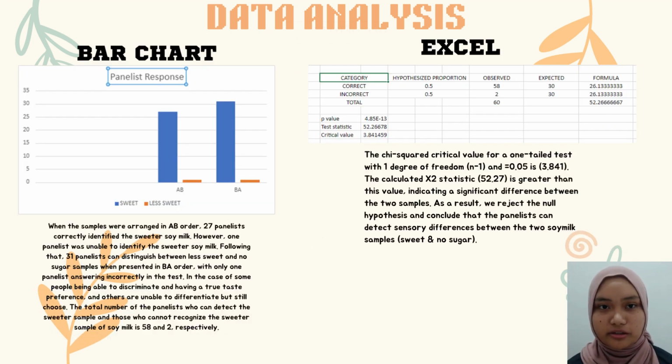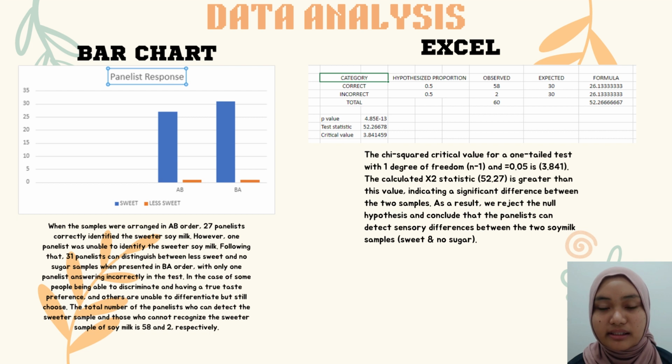By using Microsoft Excel, the adjusted chi-square test is used to see if there is a statistically significant difference between the expected and observed frequencies of this test. The chi-square critical value for a one-tail test with 1 degree of freedom and alpha equals 0.05 is 3.841.